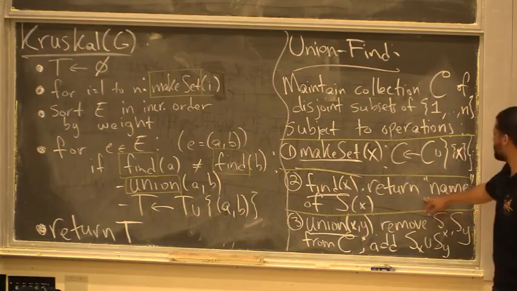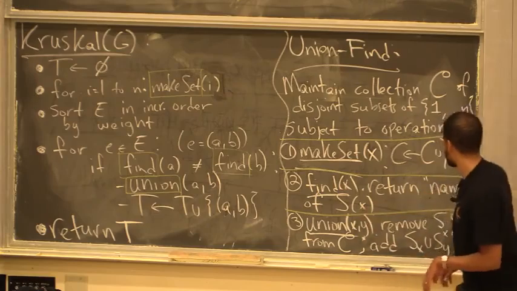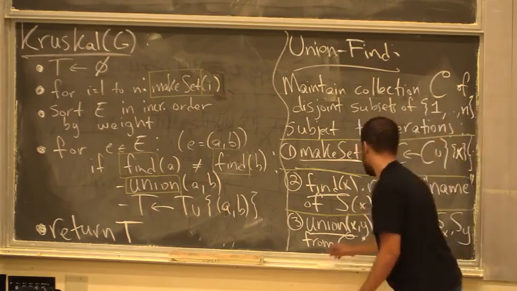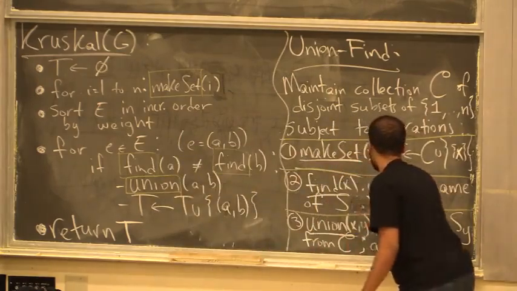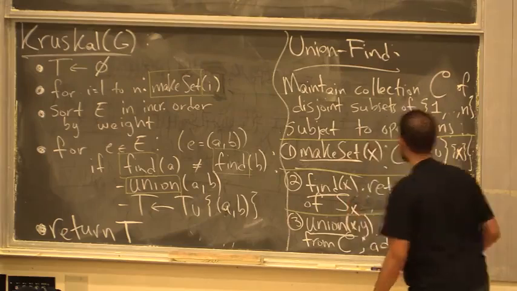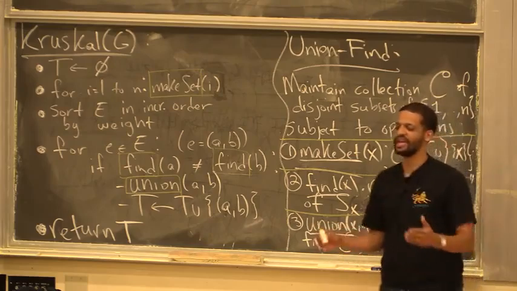Find returns the name of the set containing x. I'll call it S sub x, the set that contains x. So find for x should return the name of the set containing x. What is the name?